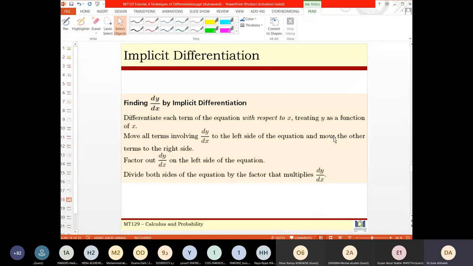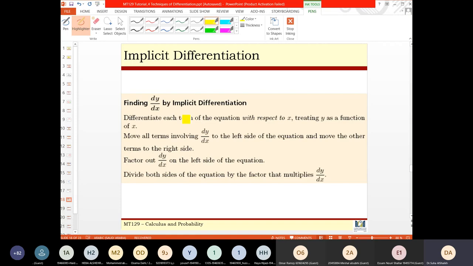Now the idea of the implicit differentiation is that you have a function where x and y are mixed. مش like إن عندي y في طرف والx في طرف. لا, it's a function where x and y are mixed. In this case, we use a technique.